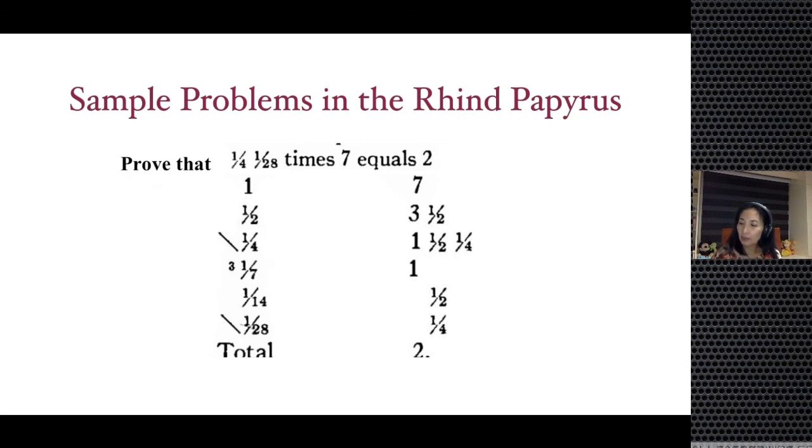Another sample problem in the Rhind mathematical papyrus is this. Prove that 1/128 times 7 equals 2. Now let's look into the solution. So beginning with 1 and 7, by halving. If you get half of 1, that's 1 half. And if you get half of 7, that will be 3 and 1 half.